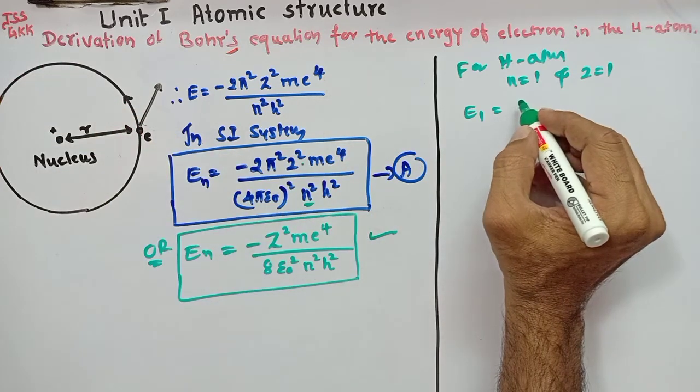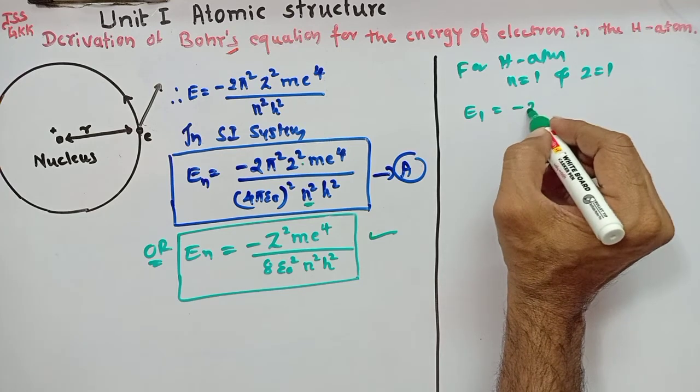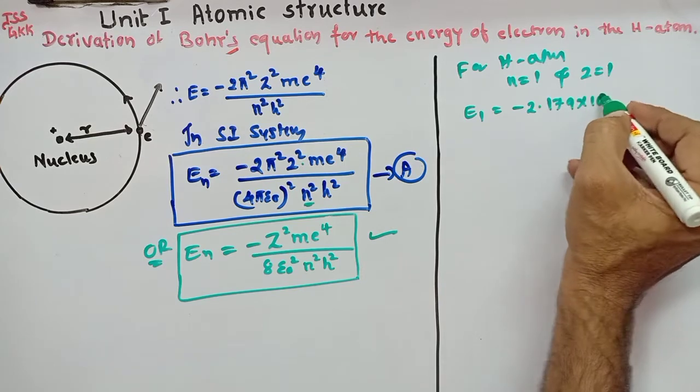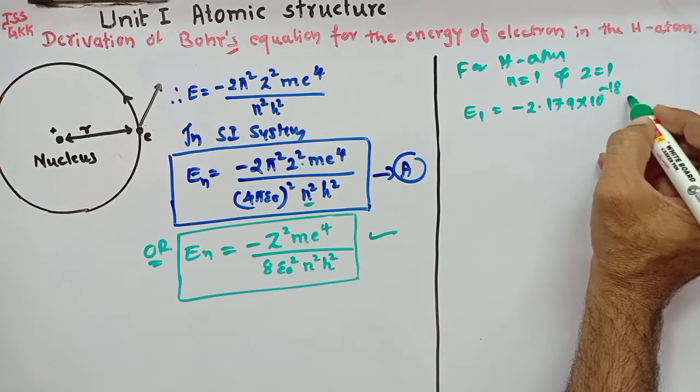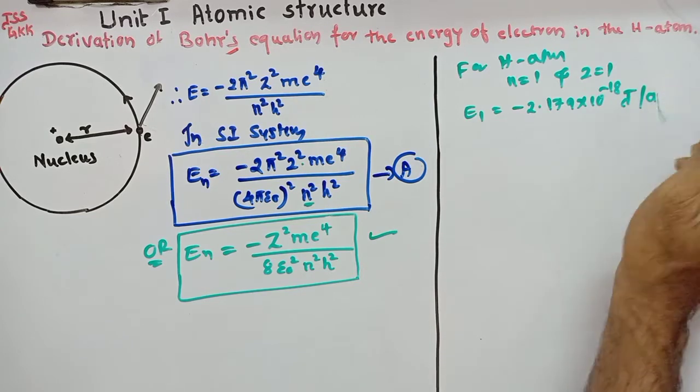That will be around minus 2.179 into 10 raised to minus 18 joule per atom.